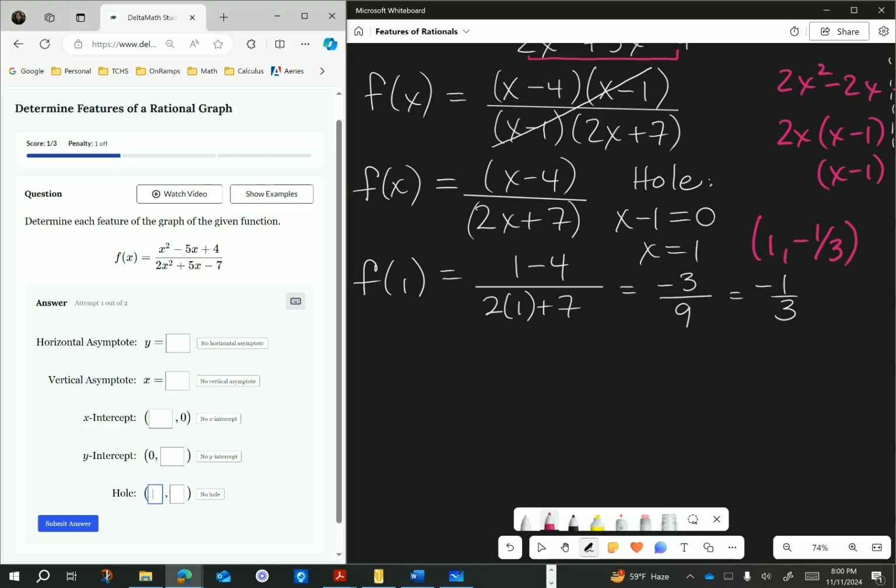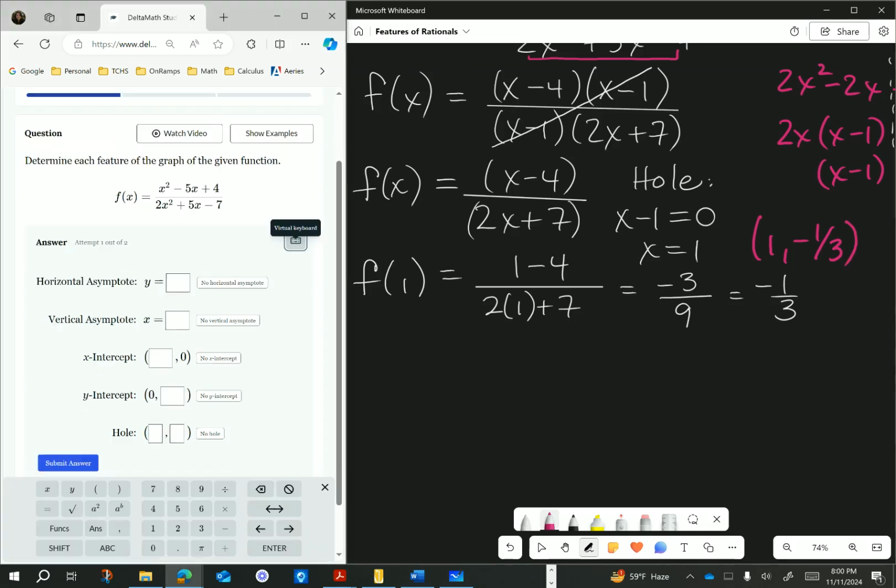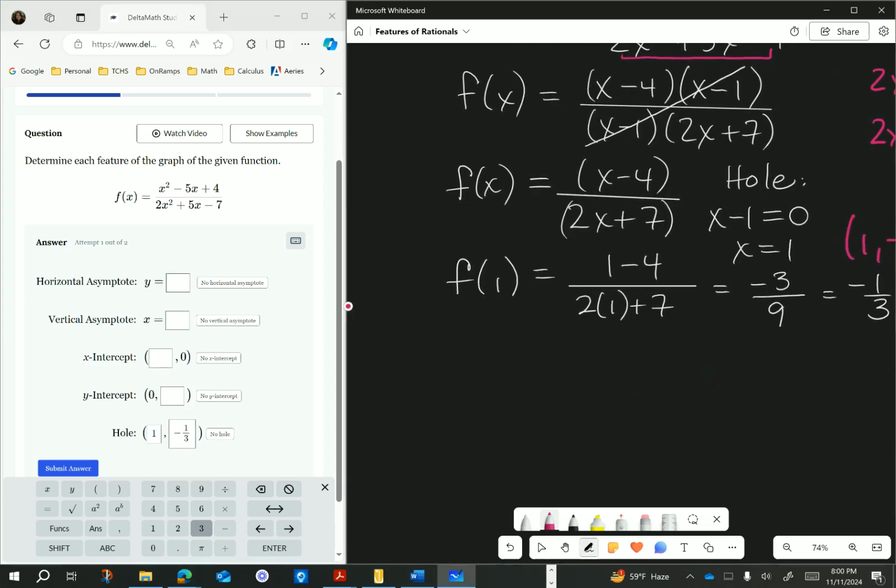So let's come over here. And it's going to be 1 and -1/3. And let's see, so we're working with the simplified version of our rational, which is this.